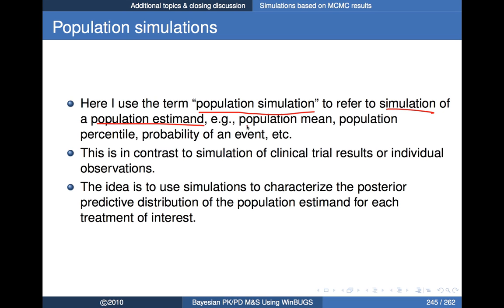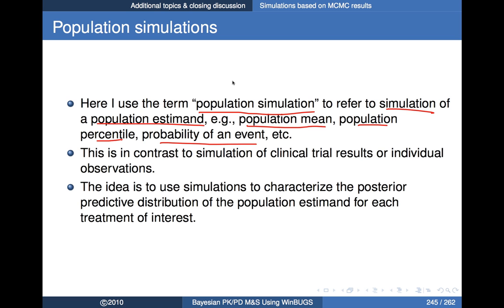So, for example, this could be something like a population mean. It could be something like a population percentile, which could be a median or maybe an extreme percentile, like a 5th or a 95th percentile. It could also mean something like the probability of an event or so on.